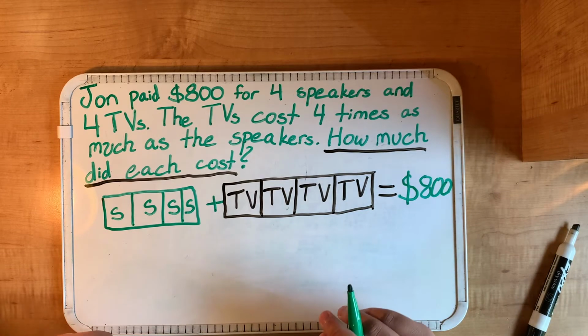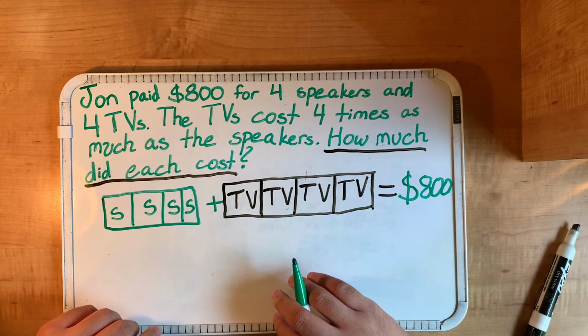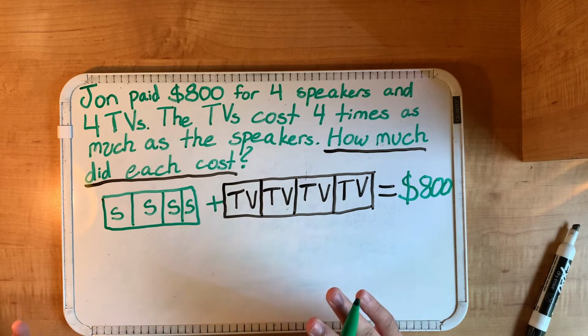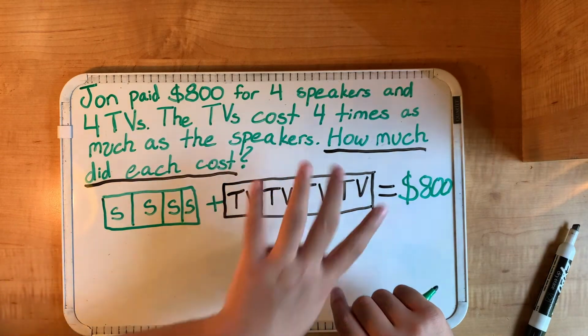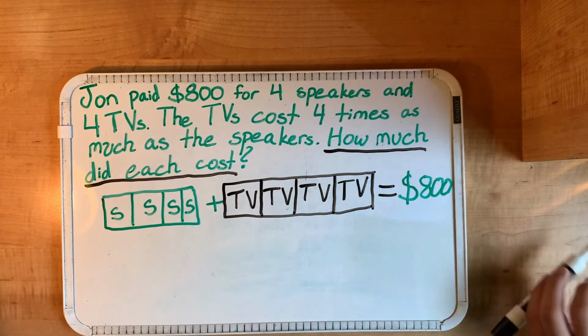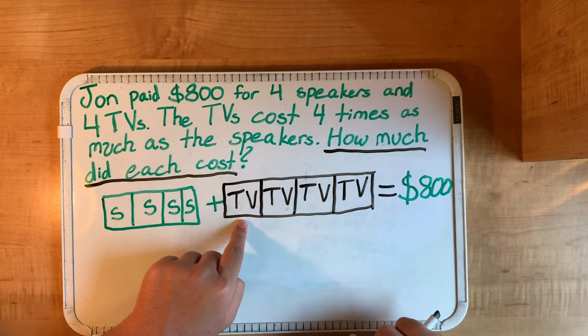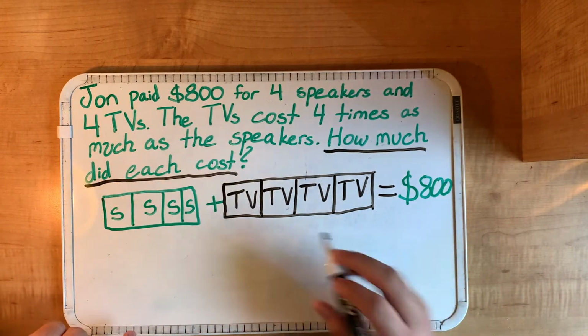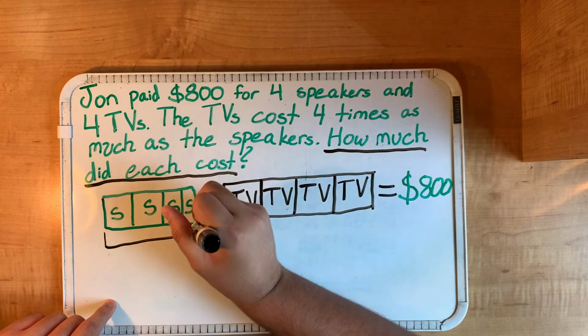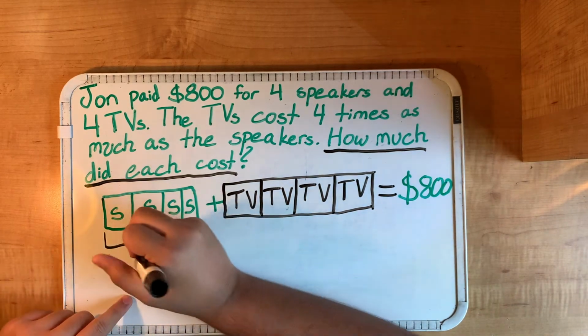The first thing we need to do is, well, we don't know how to approach this because we aren't given any information. Or are we given information? The TVs cost 4 times as much as the speakers. So this basically means that one TV is equal to 4 speakers. So we have 4 speakers here, which means this is one TV.